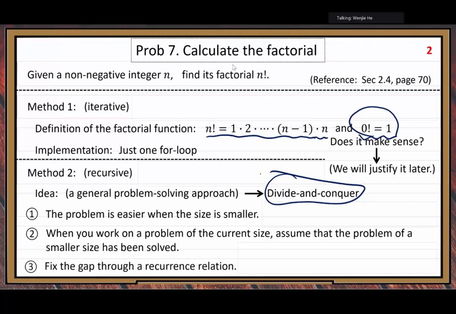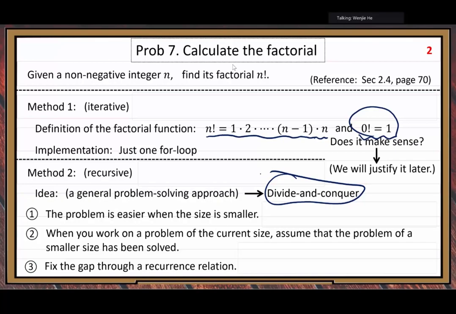Okay, all right. So then, step 3, fix the gap through a recurrence relation. How do you connect a known solution of a smaller problem size with the unknown solution of the current problem size?